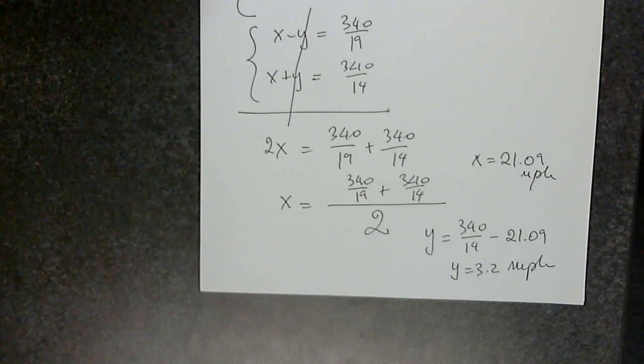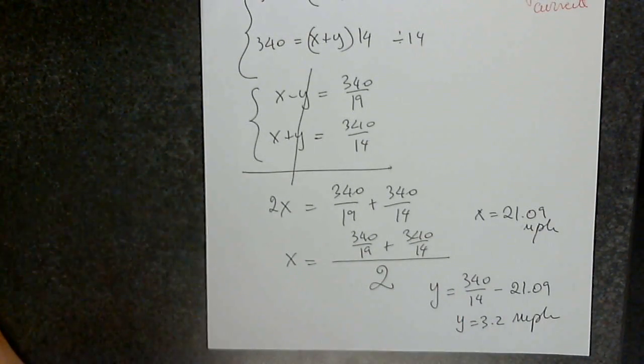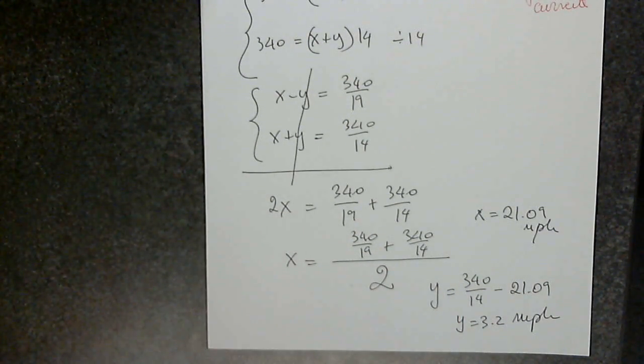Yes, I will go back and check my answer. So I will do this. 21.09 minus 3.2, and then I will press enter and multiply by 19. What should the answer be? Should come back to 340.